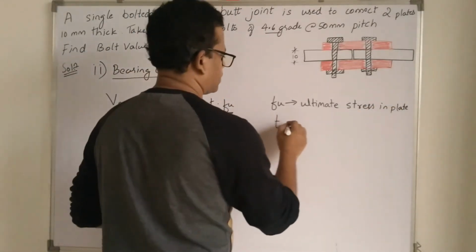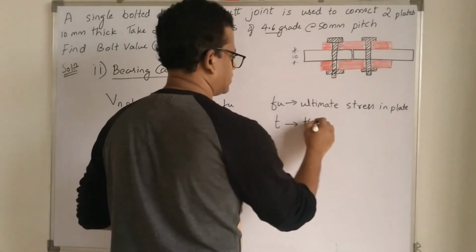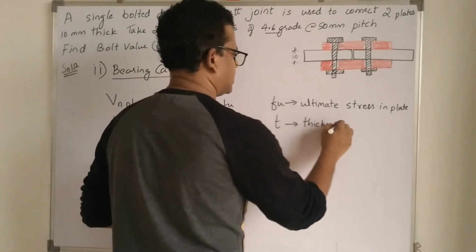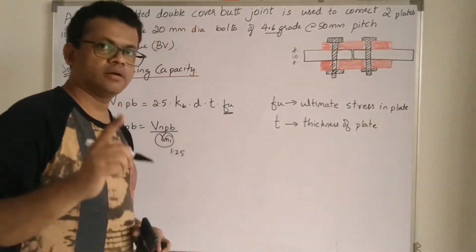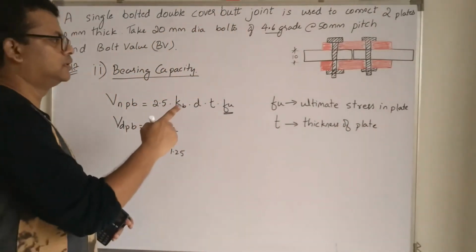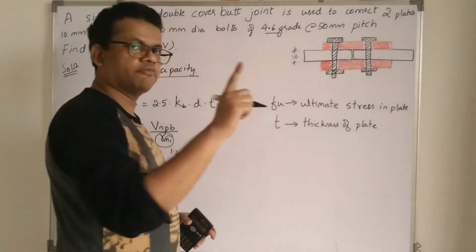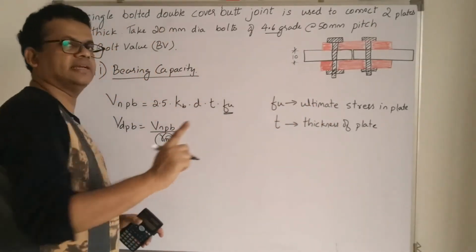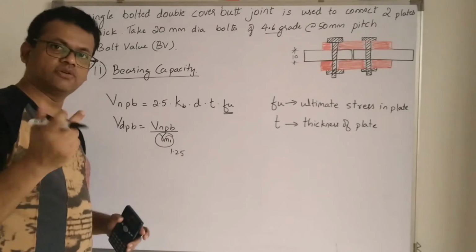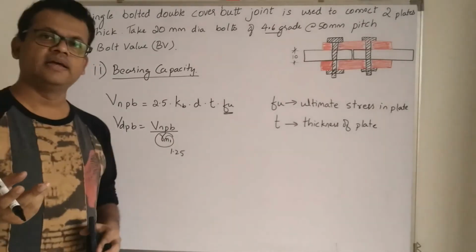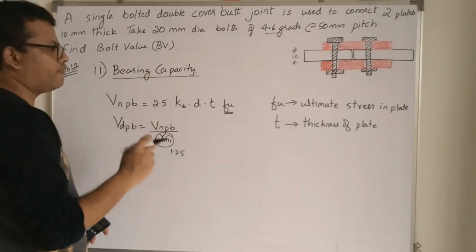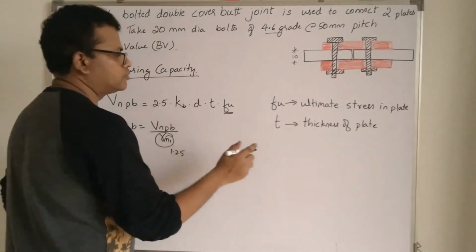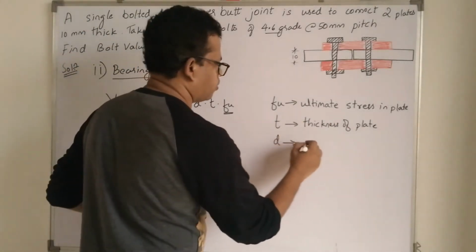T is the thickness of plate. Please note, Fu is the ultimate stress of plate, not bolt, and T is the thickness of plate, not the thickness of bolt. We don't define bolt in terms of thickness but diameter, so that's why T is thickness of plate. Now D, this small d is the diameter of bolt.